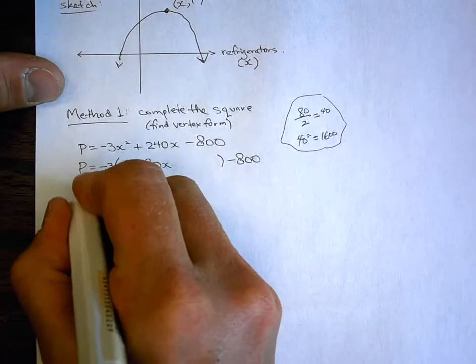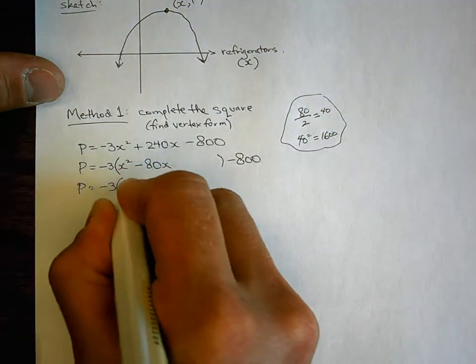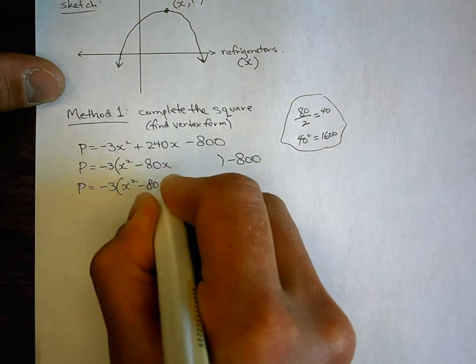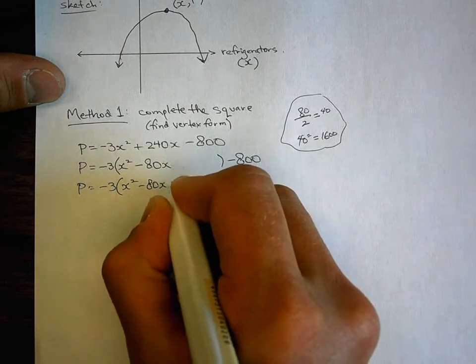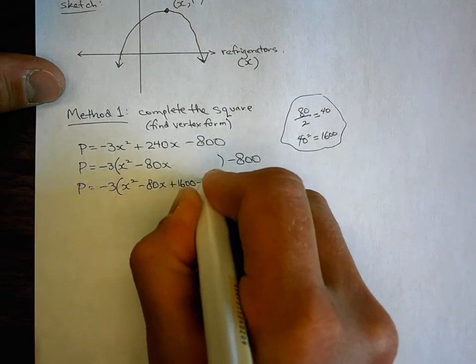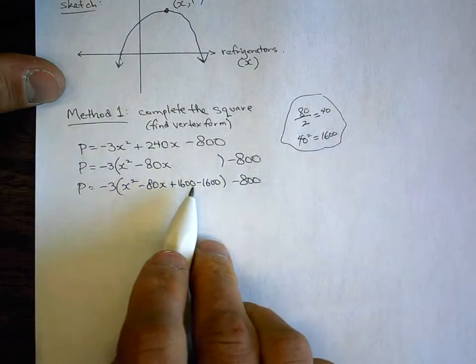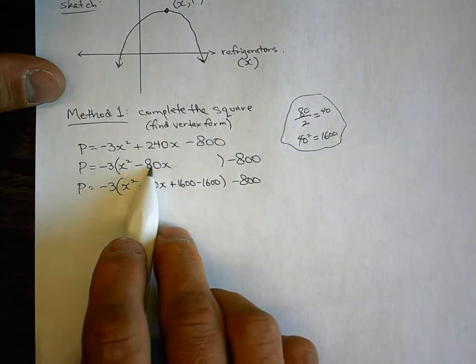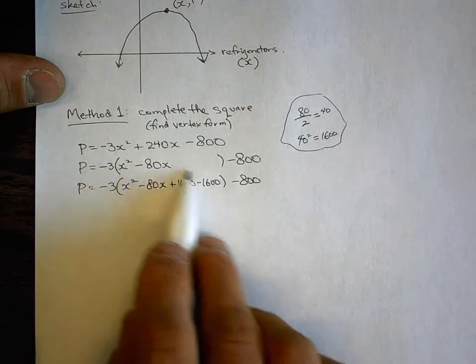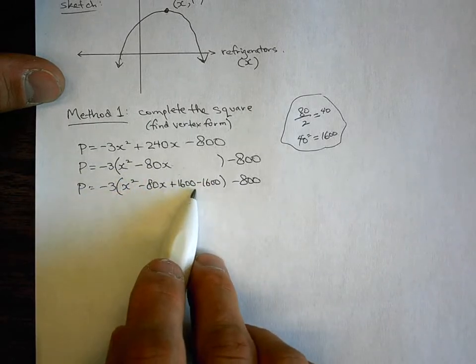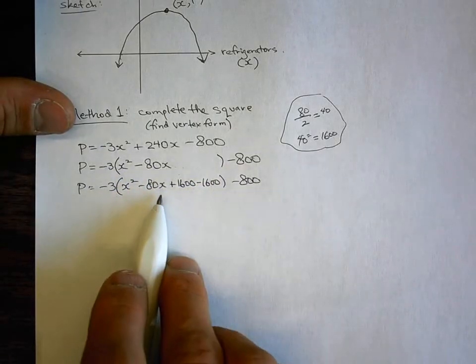So negative 3 times x squared minus 80x, and I'm going to add 1600, subtract 1600. Again, how did I do that? I took 80, divided it in half, and then squared it. What I'm trying to do here is create a perfect square. And so that's kind of my strategy for doing it.